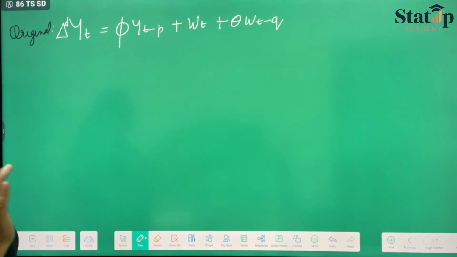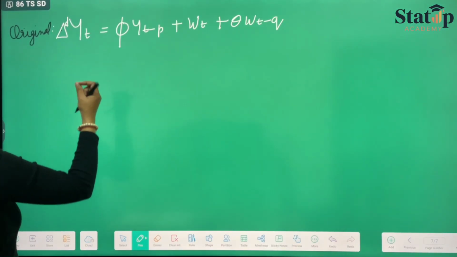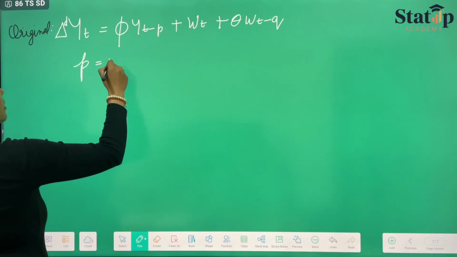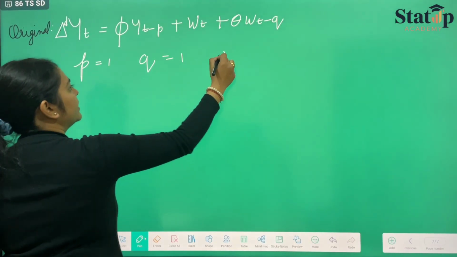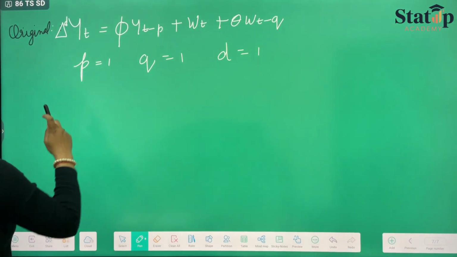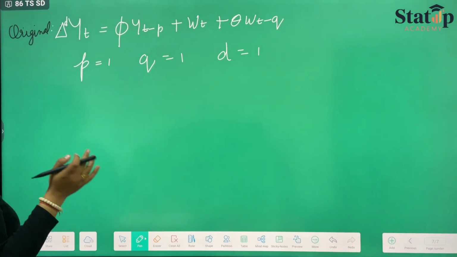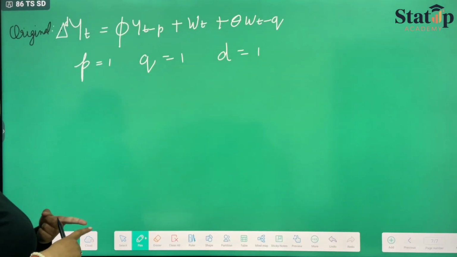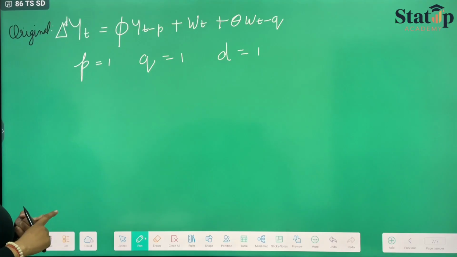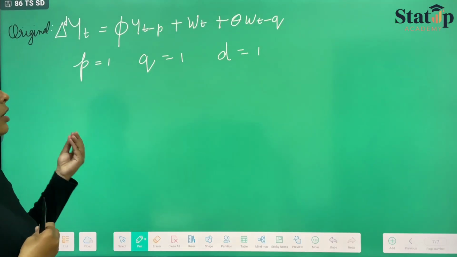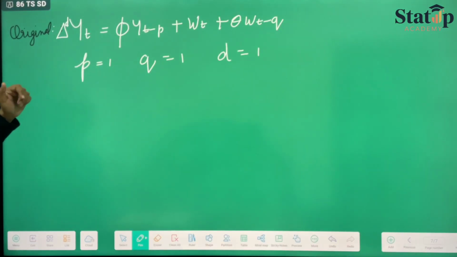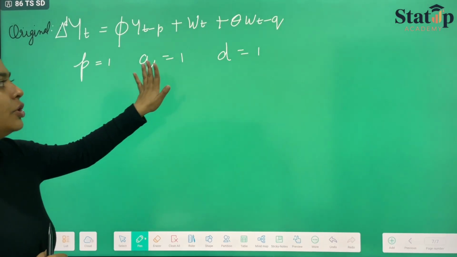Now we have found out the values of d. Suppose p is 1, q is also 1, and d is also 1. Suppose these are the values that came out in the first step, where we determined that the series is stationary and determined the values of p, q, and d.